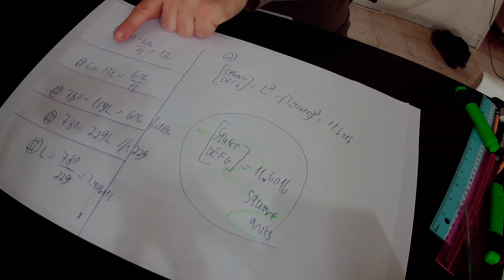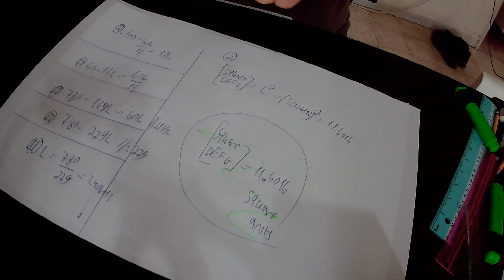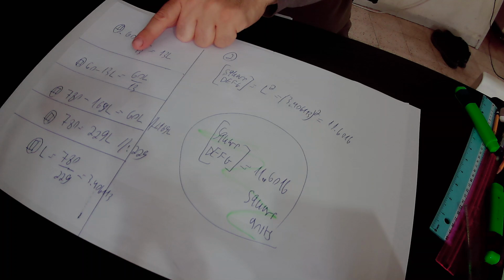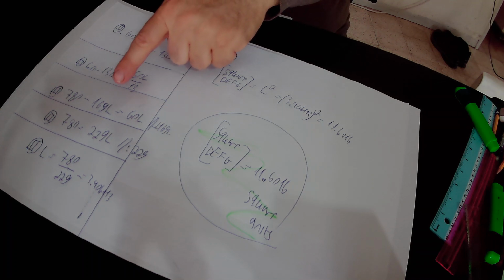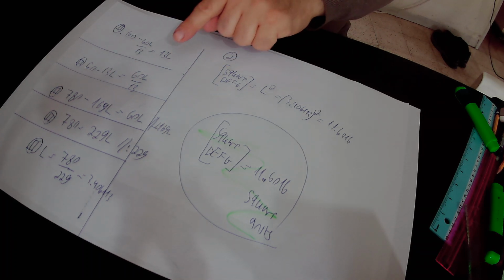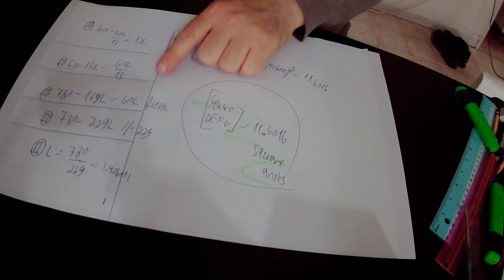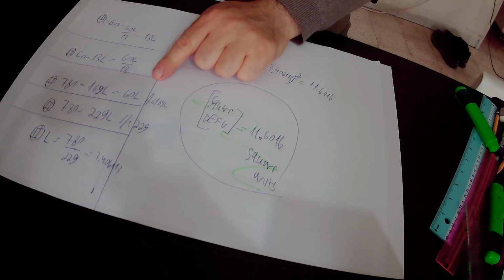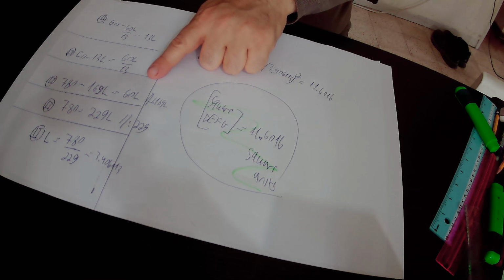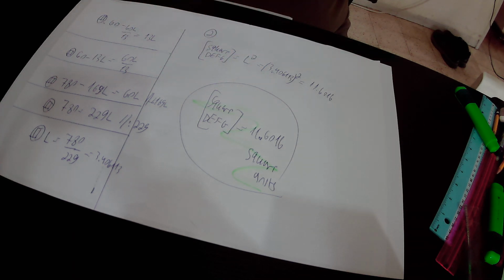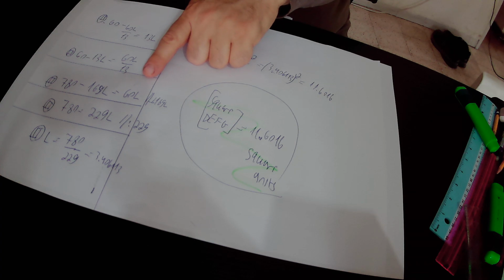60 times 13 is 780, minus 13L times 13 is minus 169L, and it equals 60L. So here we added 169L to this equation 2, and finally found out that 780 equals 60L plus 169L equals 229L.